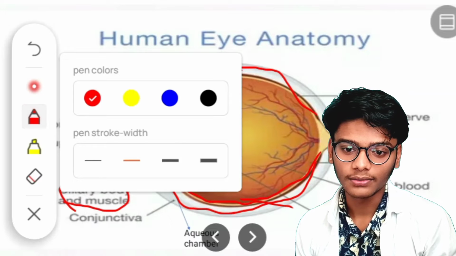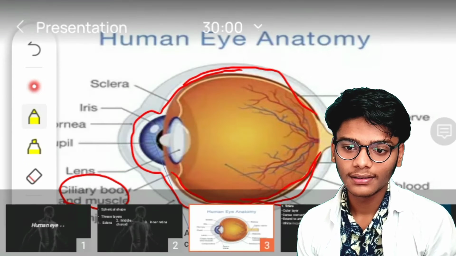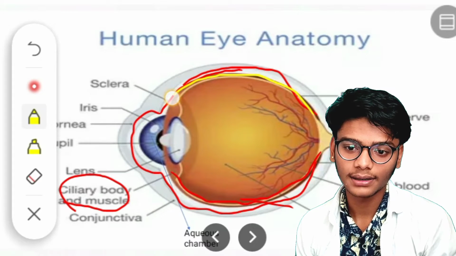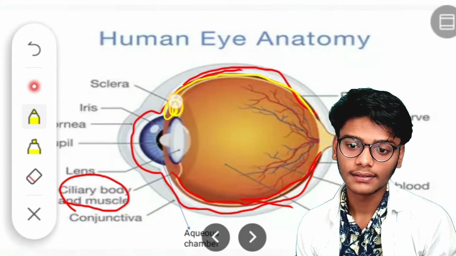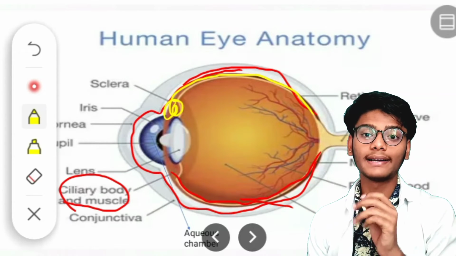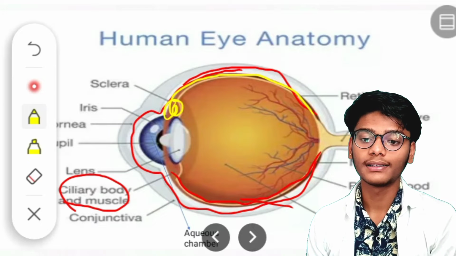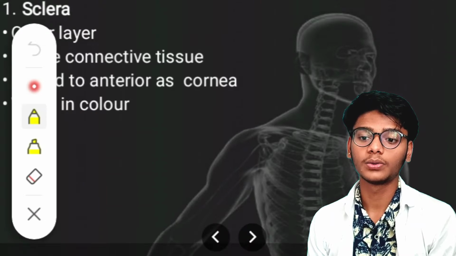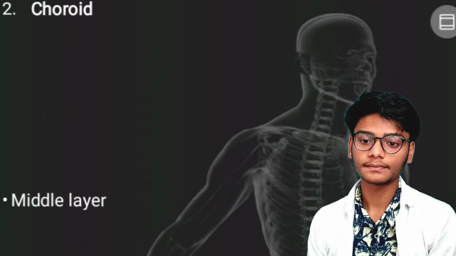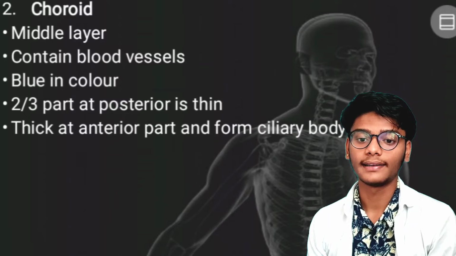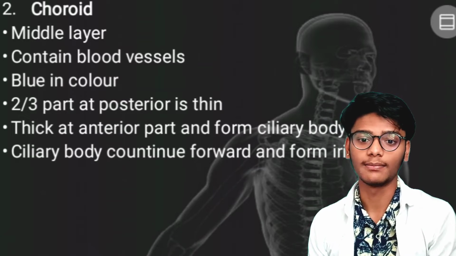As we come to the front, it forms a very thick layer. This is the ciliary body. Only the posterior two-thirds part is thin, and the anterior part is thick, called the ciliary body.